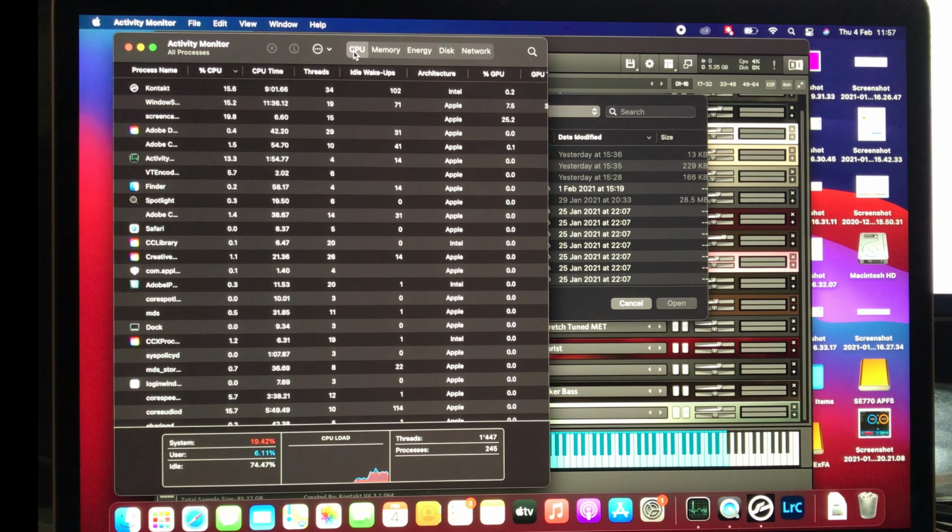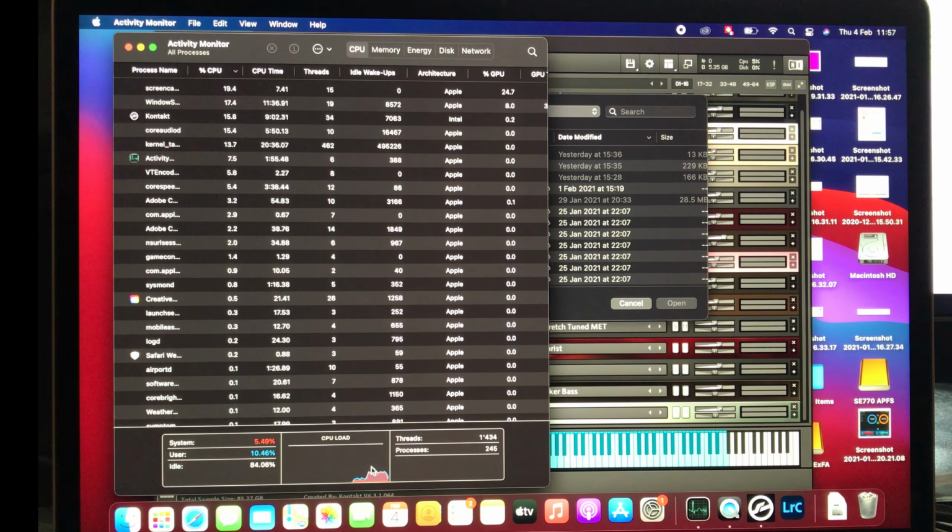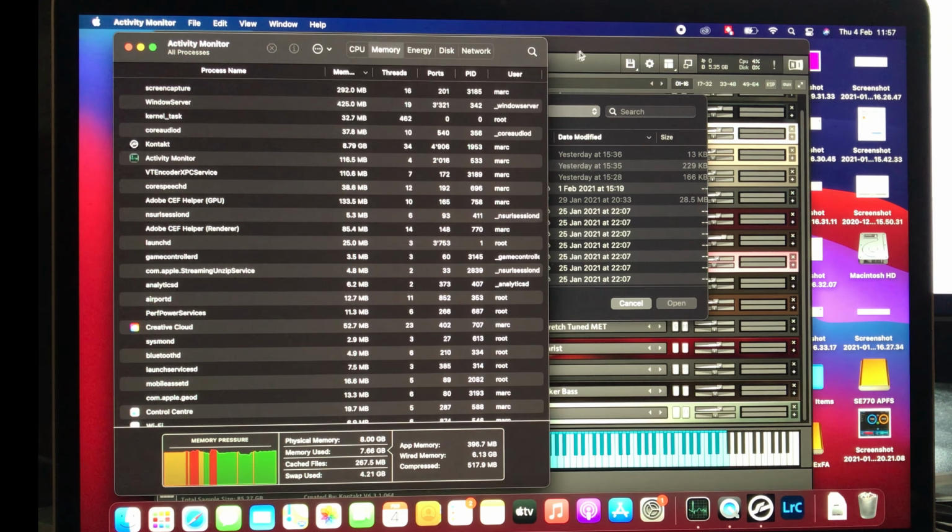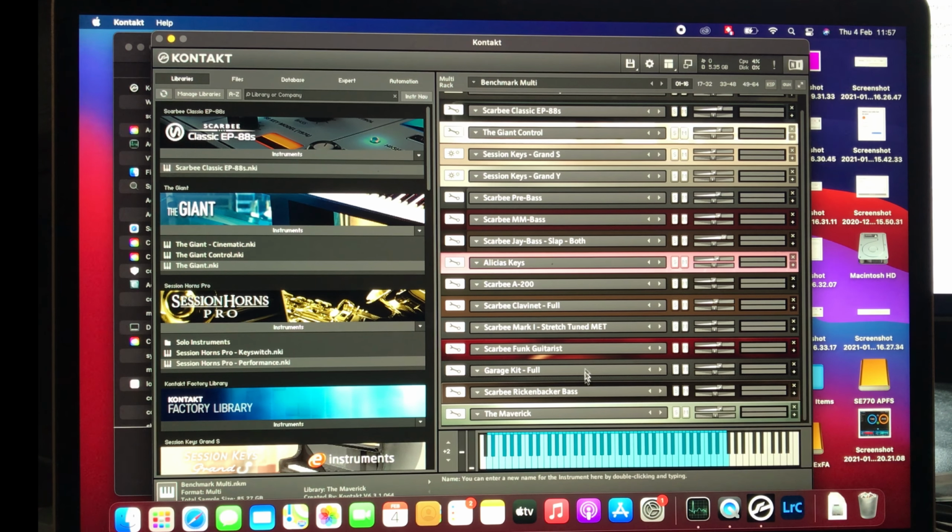And on the CPU side, we see that the CPU load is actually pretty okay. So we have 5-10%, so the system looks pretty well. And if we look at this, our Kontakt seems to react pretty fast, pretty okay.